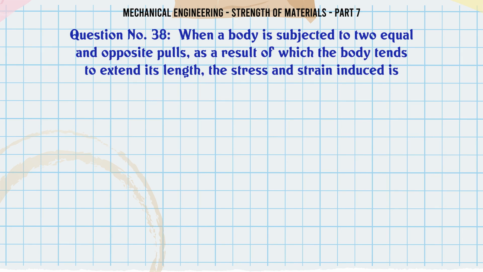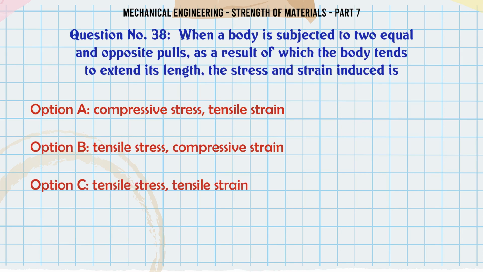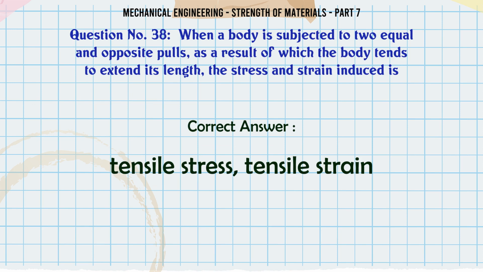When a body is subjected to two equal and opposite pulls as a result of which the body tends to extend its length, the stress and strain induced is: A. compressive stress, tensile strain, B. tensile stress, compressive strain, C. tensile stress, tensile strain, D. compressive stress, compressive strain. The correct answer is tensile stress, tensile strain.